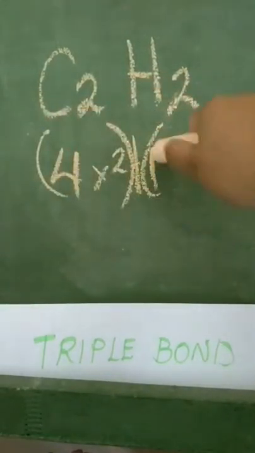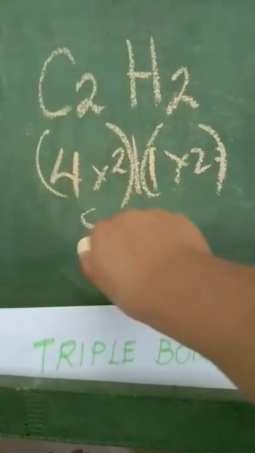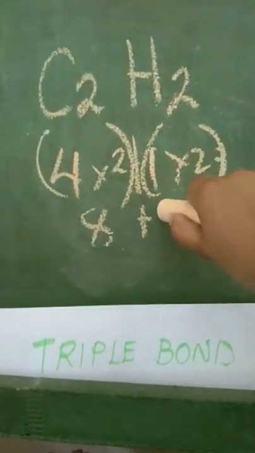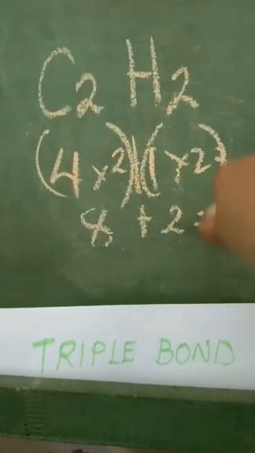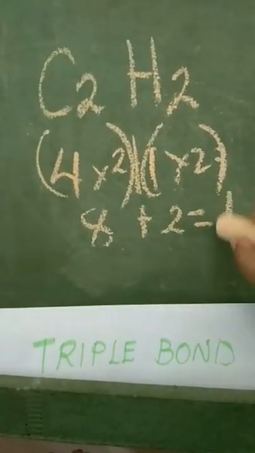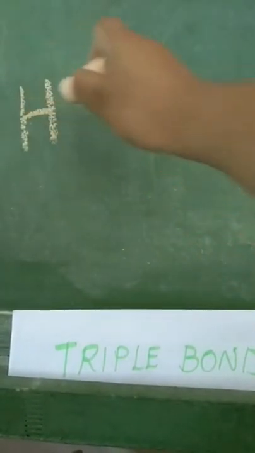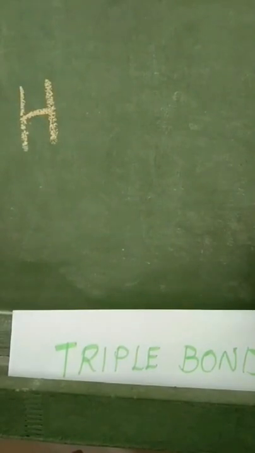Then 4 times 2 is equal to 8, plus 1 times 2 is equal to 2. In C2H2, our total valence electrons is 10. Always put the hydrogen outside, and the less electronegative atom is in the center.